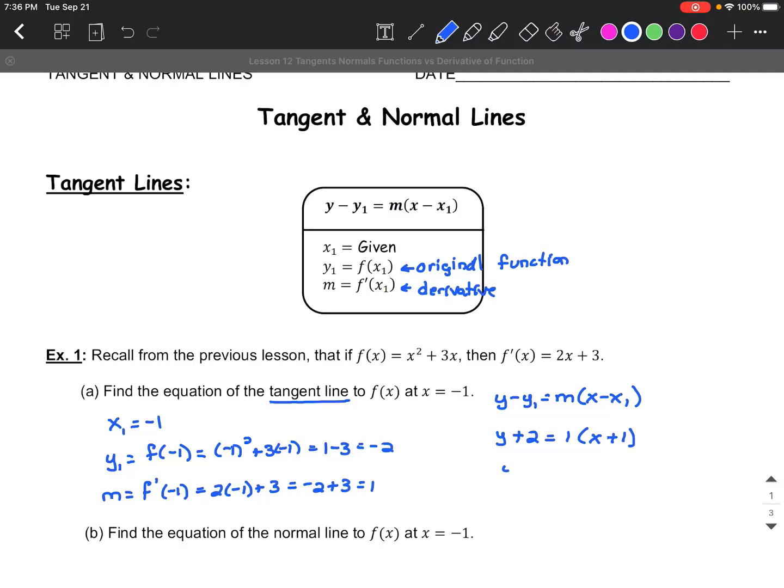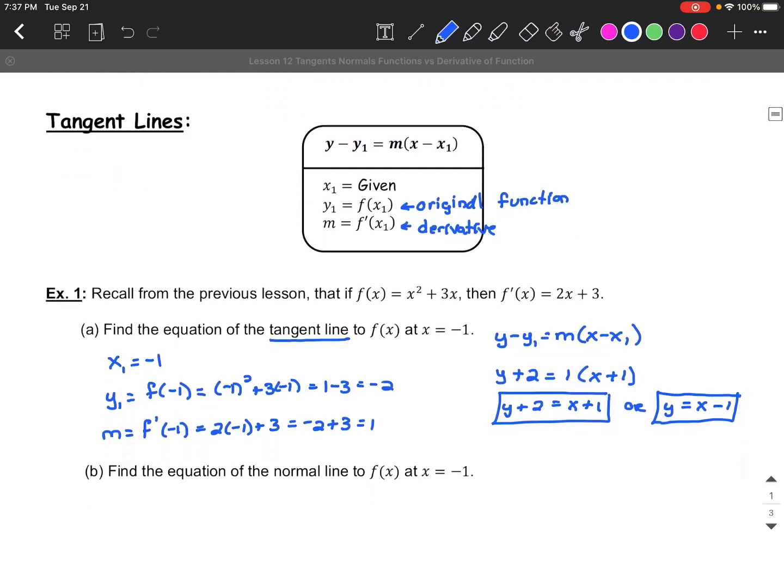Now we don't usually write a slope of 1, so if you leave it like this, that's perfect. If you want, you can subtract the 2 from both sides and get y equals x minus 1. But remember, the more algebra you do, the more room you have for careless mistakes.